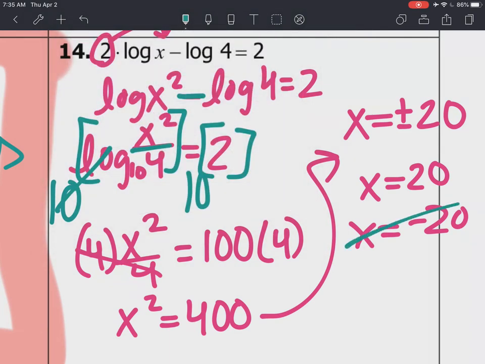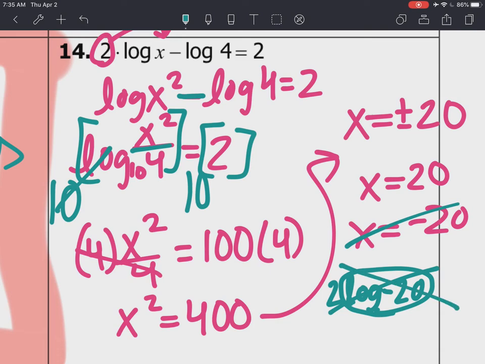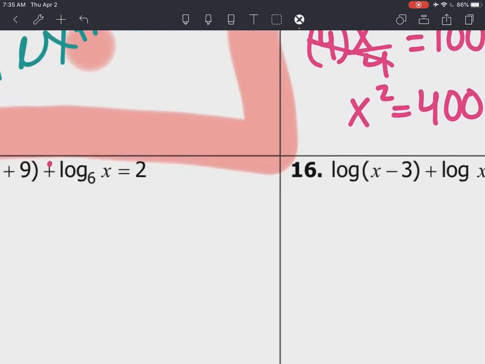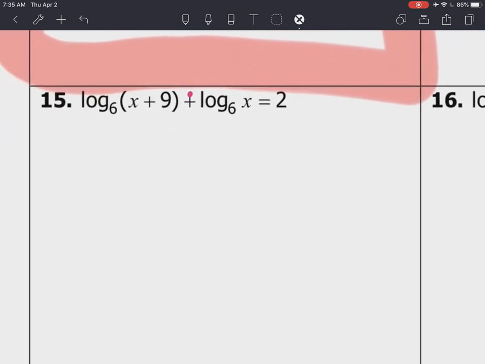As you might have guessed, it's probably this one, x equals negative 20, and you're correct, because if I start plugging it in, 2 to the log of negative 20, this is already a no-no. You cannot take the log of a negative number. It cannot be evaluated. So that's why negative 20 is extraneous and 20 works. You should always check both your answers.